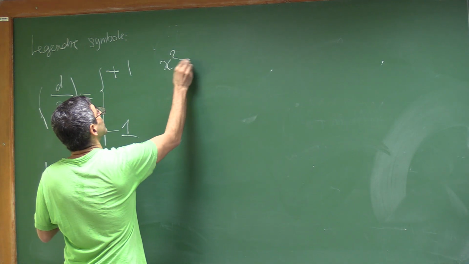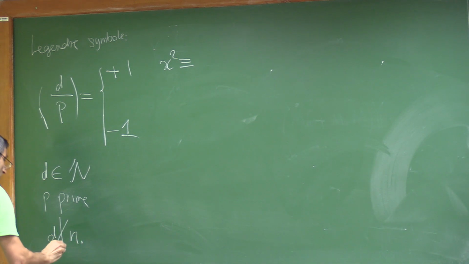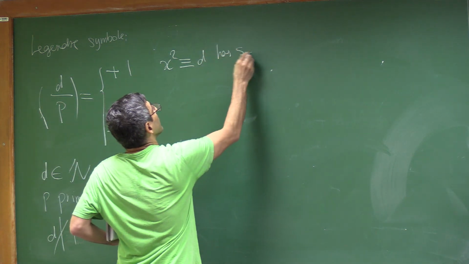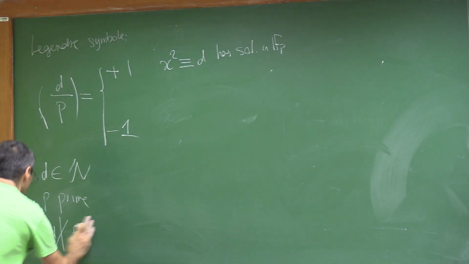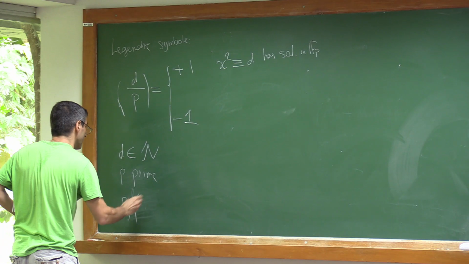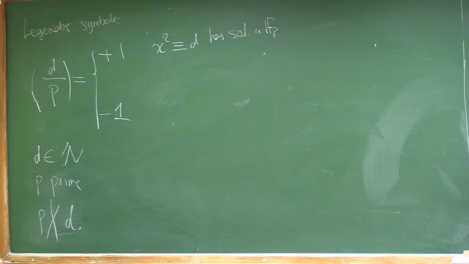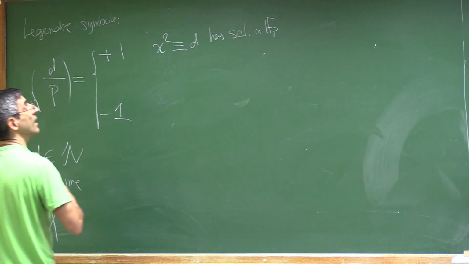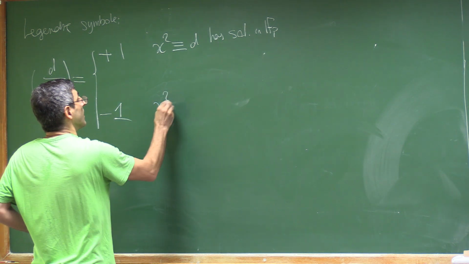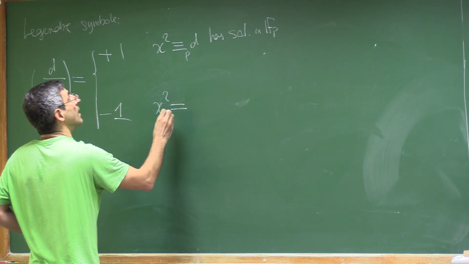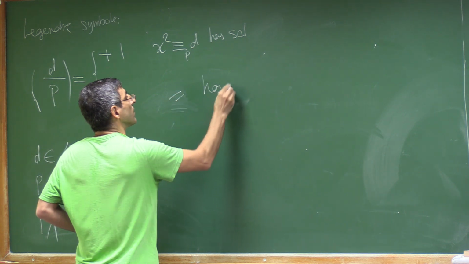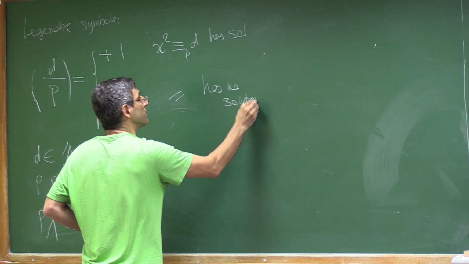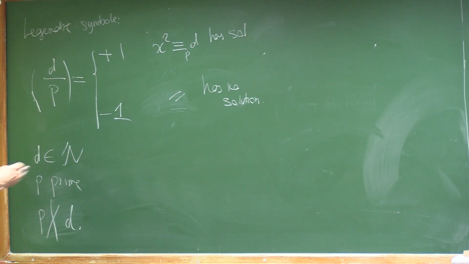Let D be coprime with p, so p does not divide D. The Legendre symbol is +1 if x squared equals D has a solution in F_p, modulo p, and -1 if it has no solution. So this is the Legendre symbol and so on.